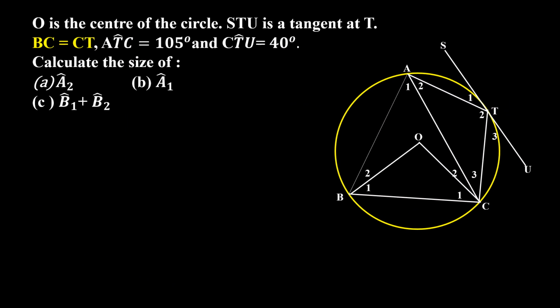Now let us look at this beautiful question. Don't panic when you see a very complicated diagram. Just cool down and read, and you will get all the answers. Here STU is a tangent, BC equals CT, angle ATC is 105 degrees, CTU is 40 degrees, and we have 3 questions here.